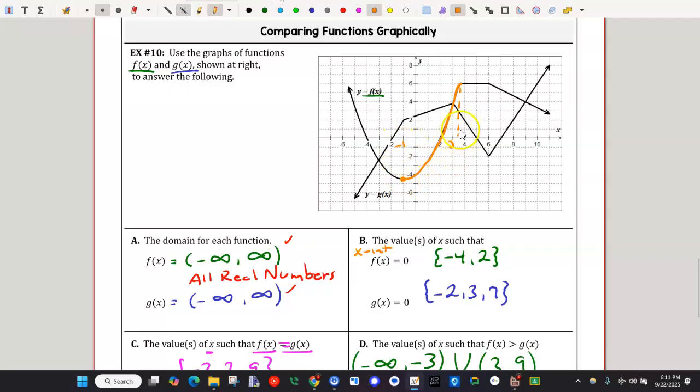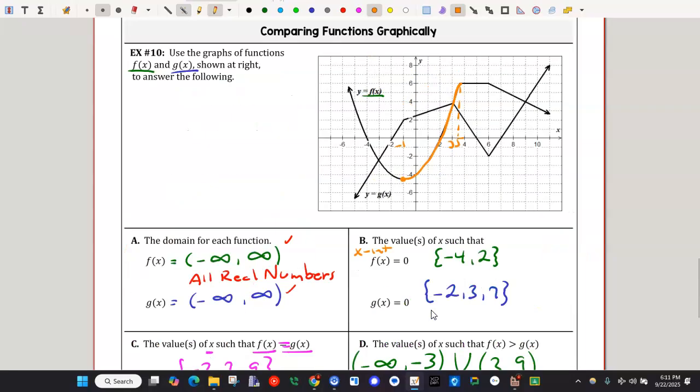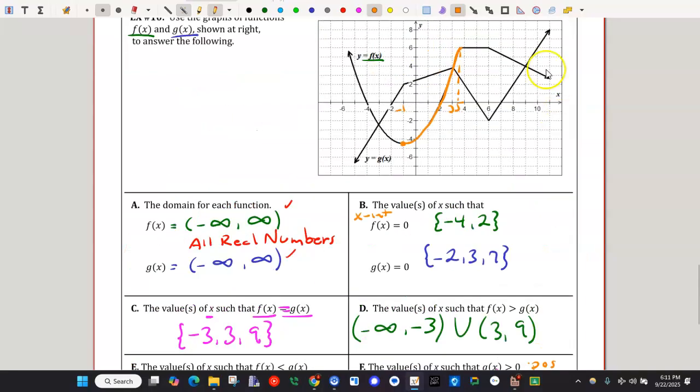So let's say that's about 3.5 right there. So we have -1 and 3.5. Good, and then goes here, and then that just goes down. So that looks like it. So most of this graph is decreasing, or in this case right here, it's constant, and then goes down again. But right there, that is increasing.